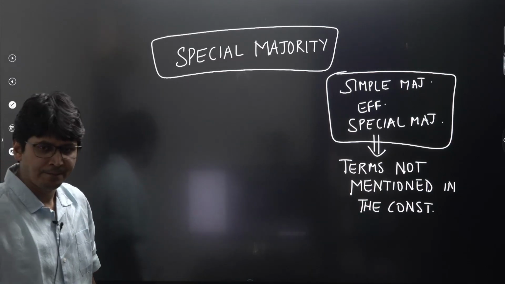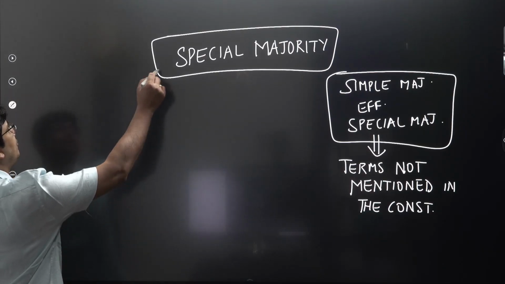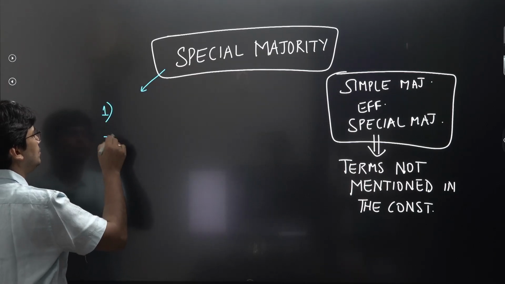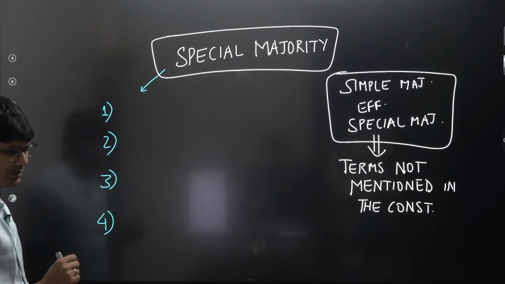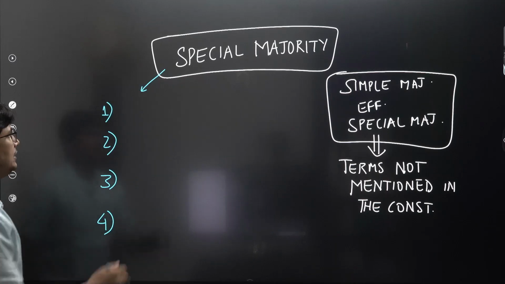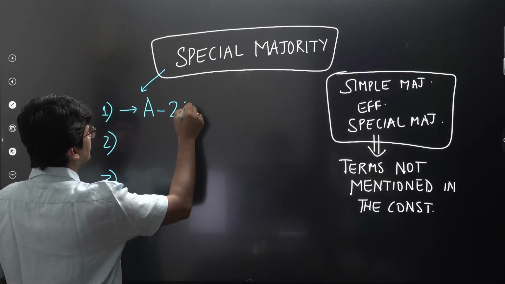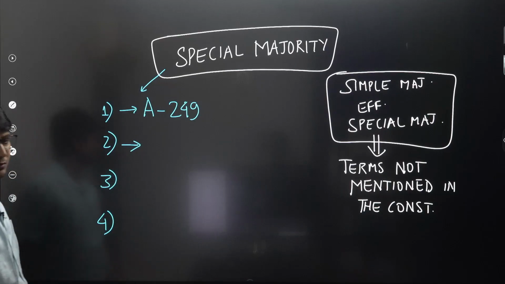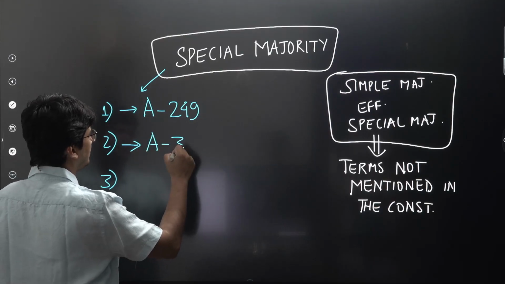Clear? Coming to special majority, it has 4 types: type 1, type 2, type 3 and type 4. Type 1 deals with Article 249. Type 2 deals with Article 368.